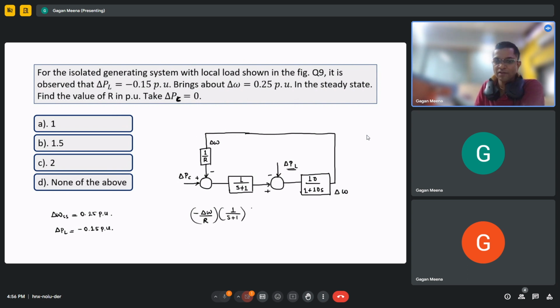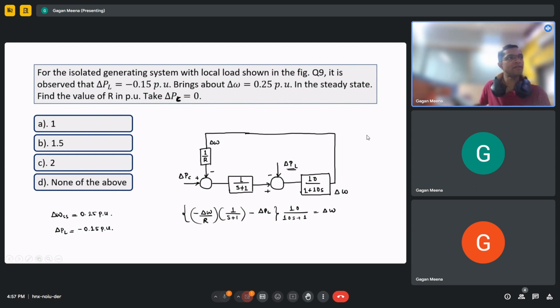This is plus minus delta PL, and this is whole multiplied by 10 divided by 10s plus 1. This is 10s plus 1, and this is equal to delta omega.